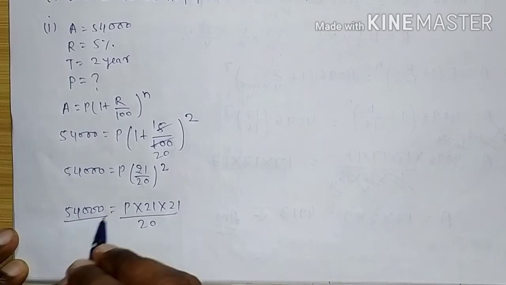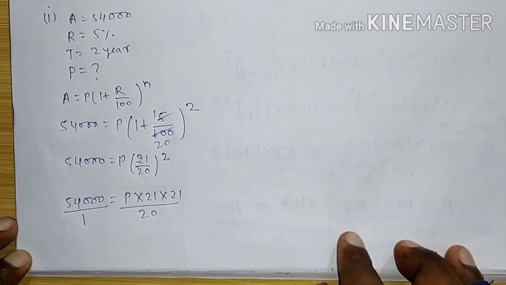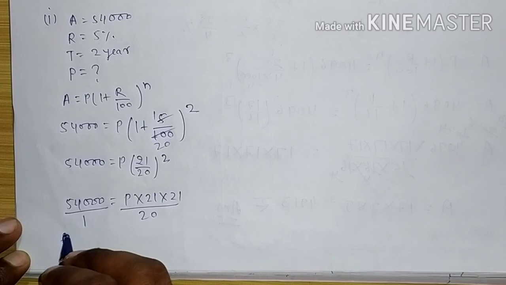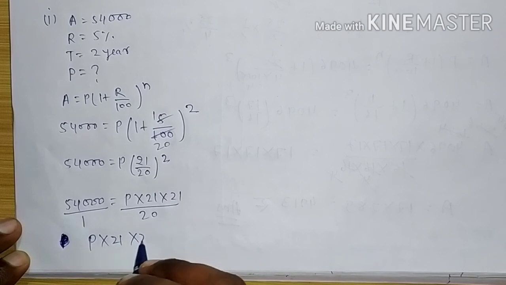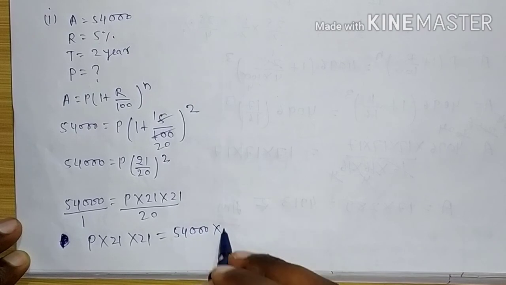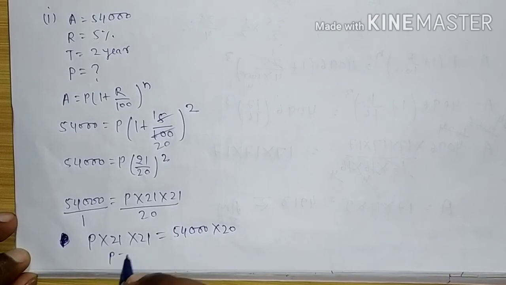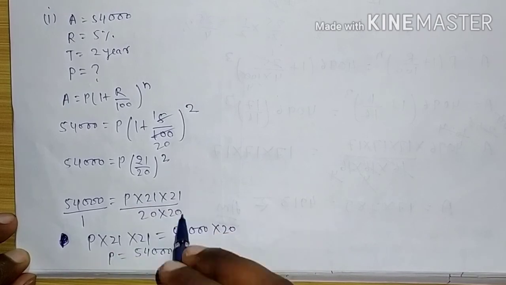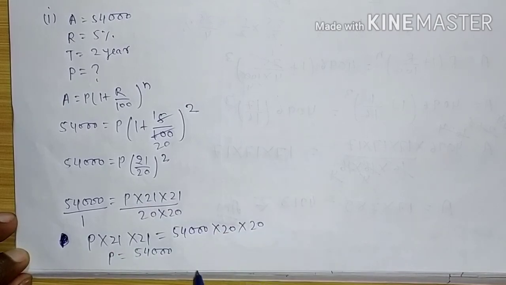We can write 54,000 upon 1. So just do cross multiplication. We can get P into 21 into 21 equals to 20 into 20 into 54,000. Now P equals to 54,000 into 20 into 20 divided by 21 into 21.